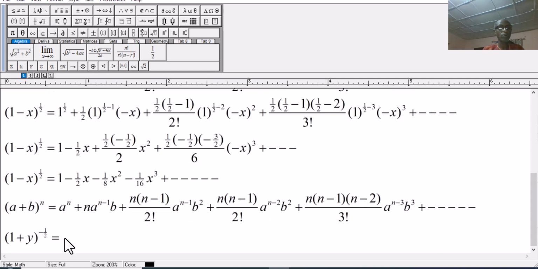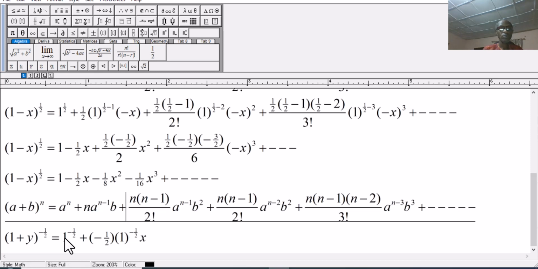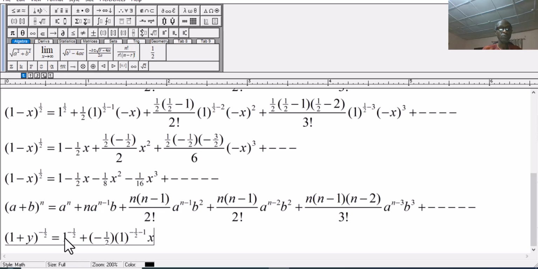So this now becomes 1 to the power of minus half. Then the next one is minus half times (minus half minus 1), then we have 1. So the next one is this.